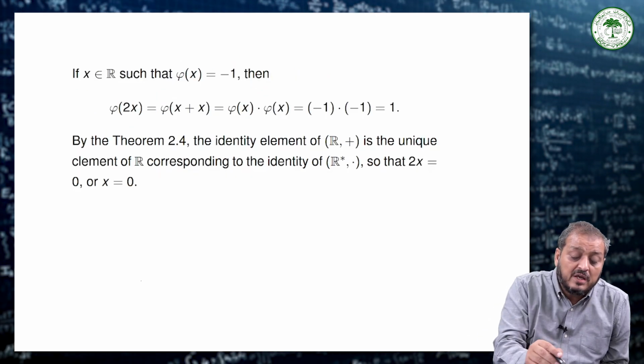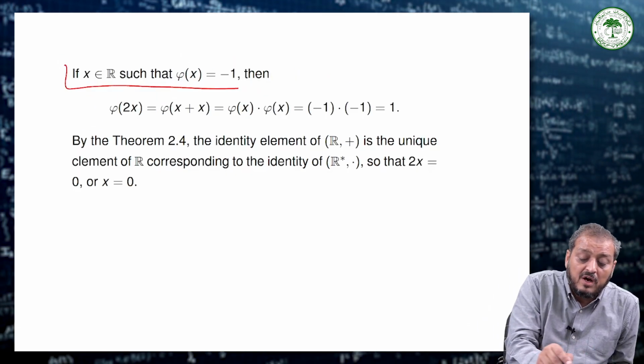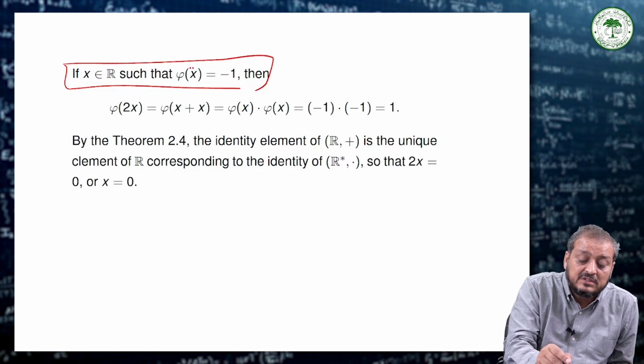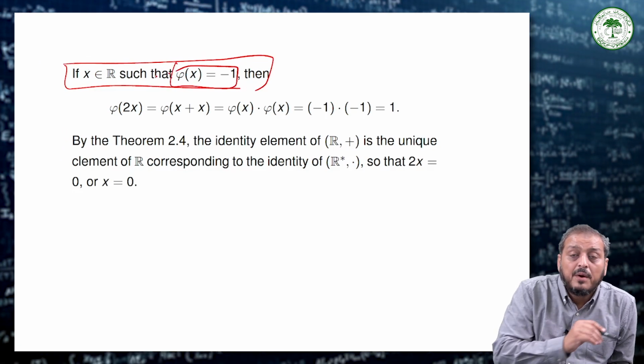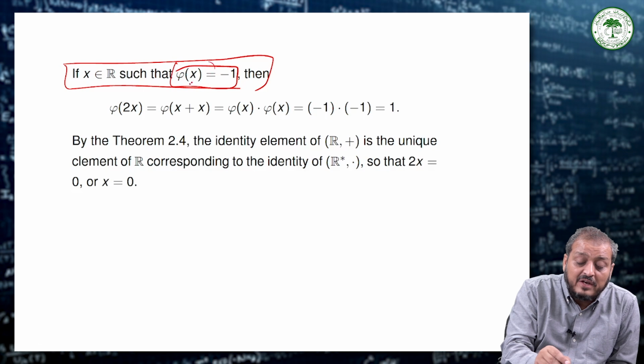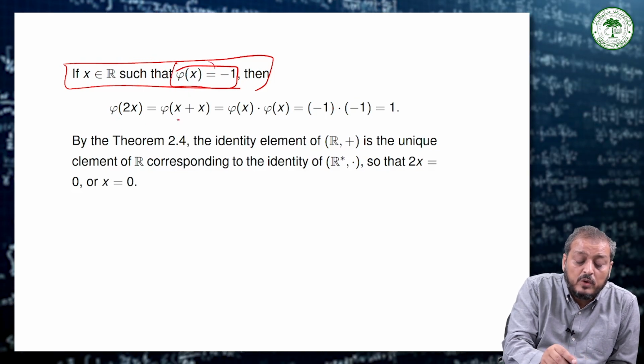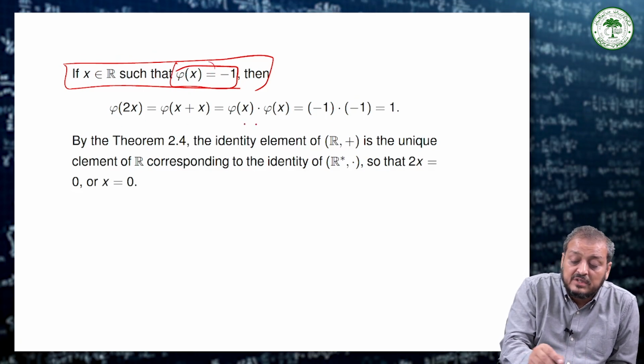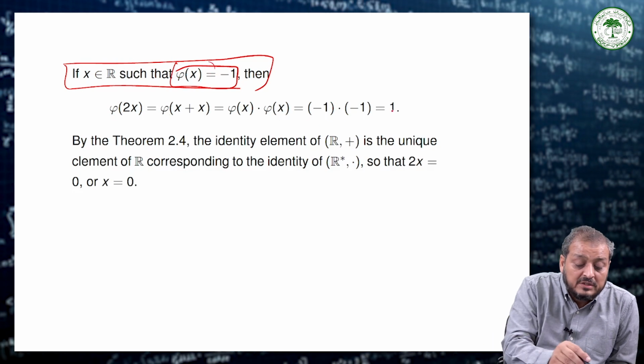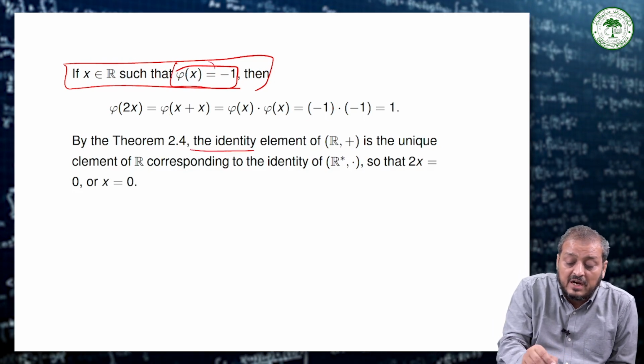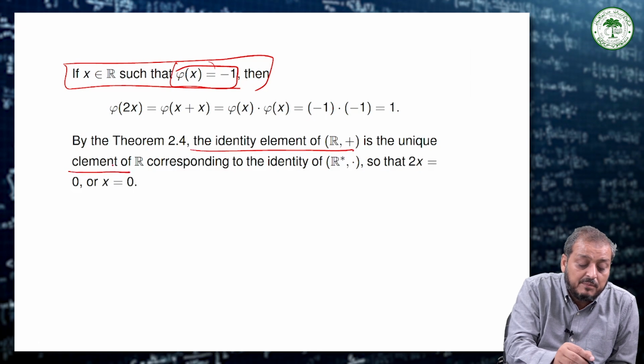So one thing is very clear, we can say that if x is an element of R such that phi of x is equal to minus 1, then phi of 2x is phi of x times phi of x, which is equal to 1. In this case, the theorem says that the identity is a unique element.